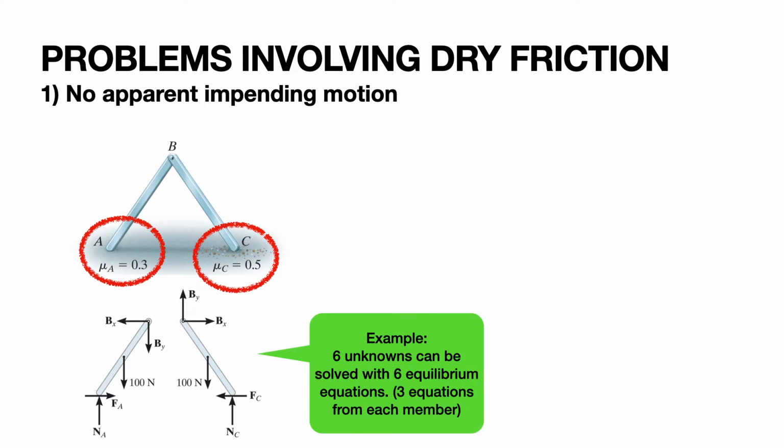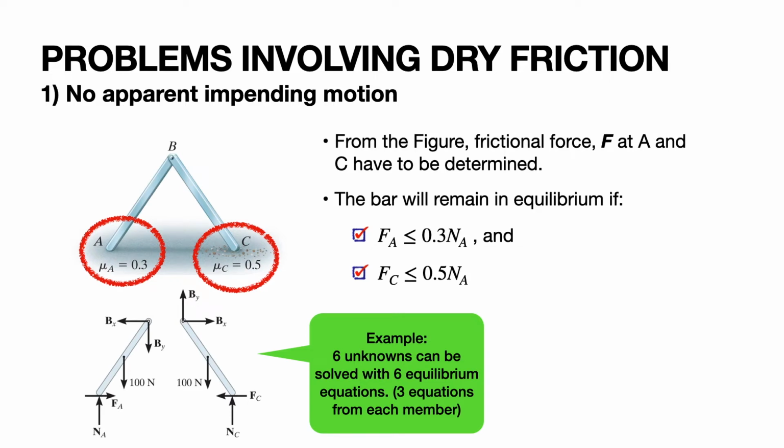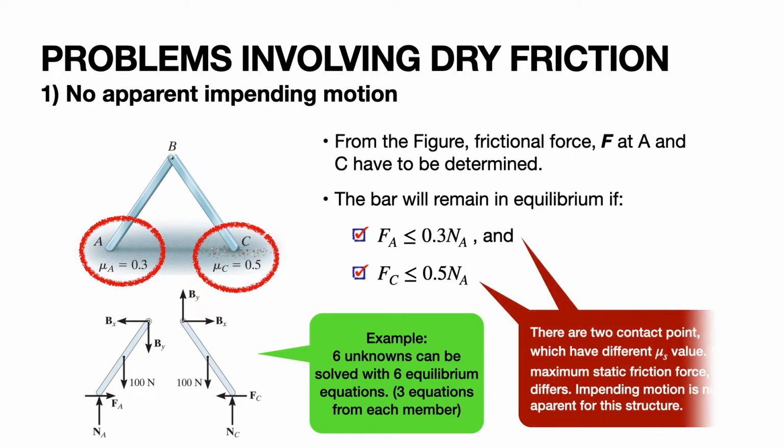So therefore, you have to generate at least 6 equilibrium equations: 3 equilibrium equations from the first member and another 3 from the other member. If you look at this figure, point A and point C have different coefficients of friction. At one point it is 0.3 and at another point it is 0.5. So we are unsure at which point the impending motion will happen first.